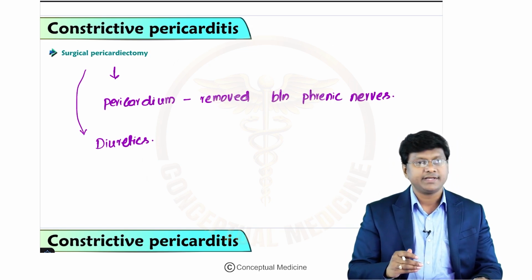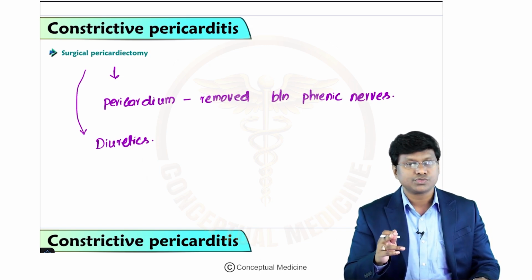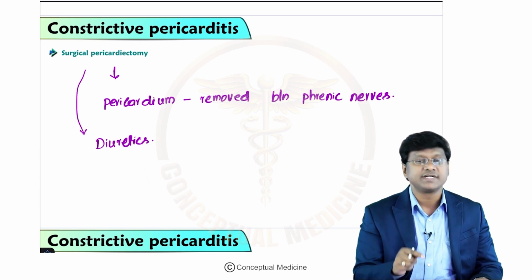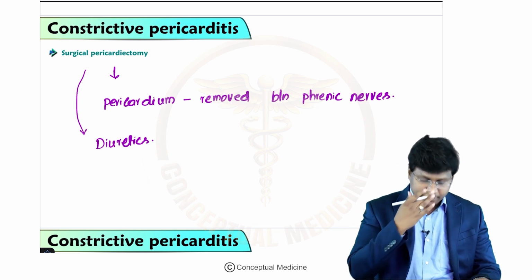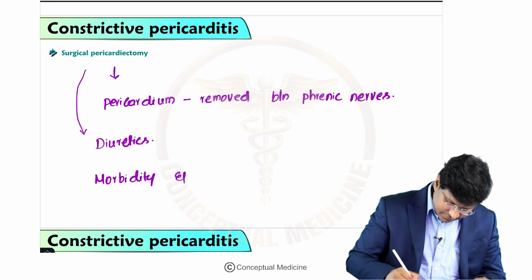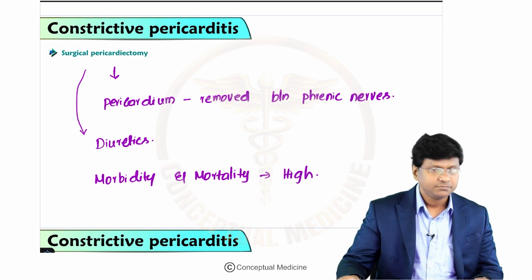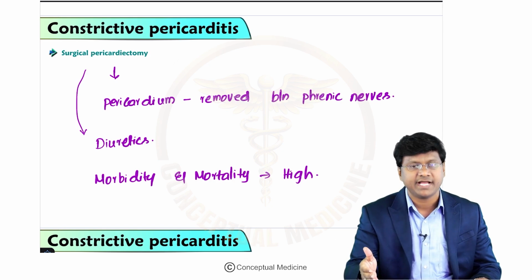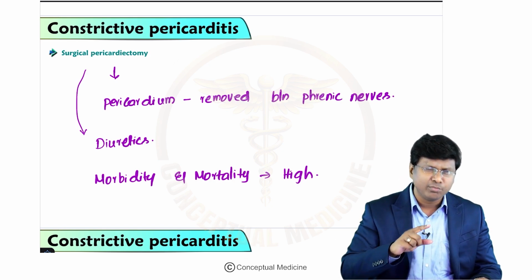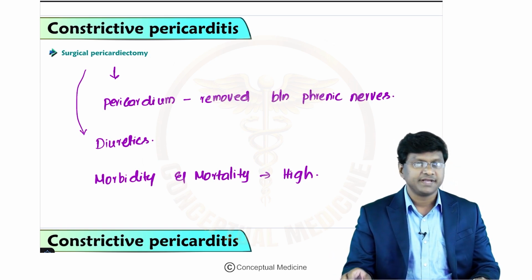And morbidity and mortality after the pericardiectomy are high and are greatest in those with the most disability prior to the procedure. So that is about the surgical pericardiectomy.